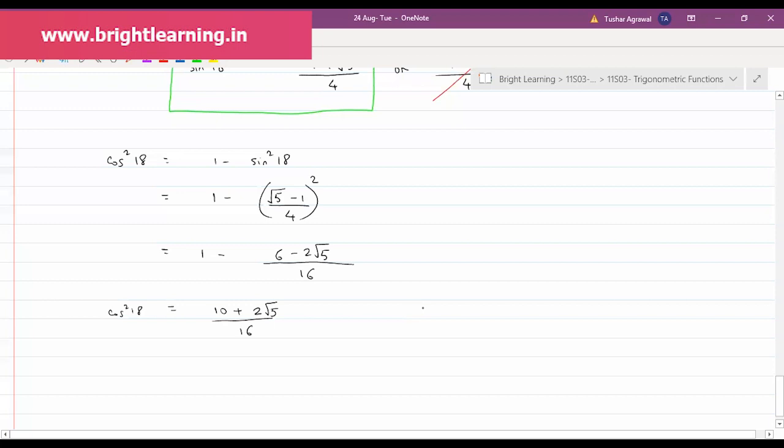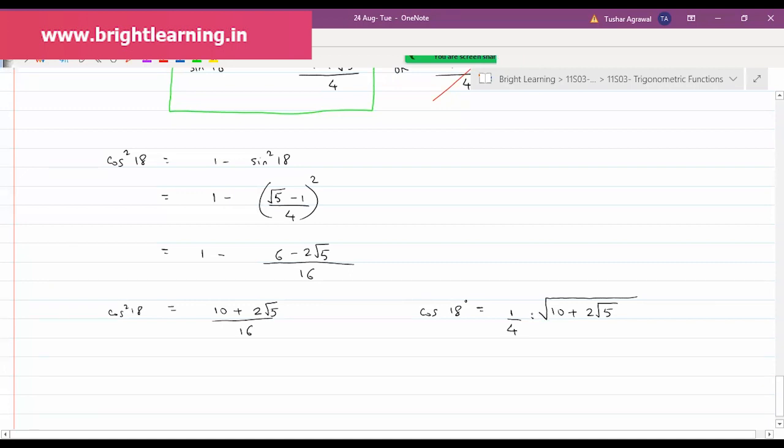So cos of 18 degrees, taking under root of that, will be equal to under root of numerator upon under root of denominator. Under root of denominator is 4, and under root of numerator is 10 plus 2 root 5, under root. Now actually it should be a plus or minus sign.